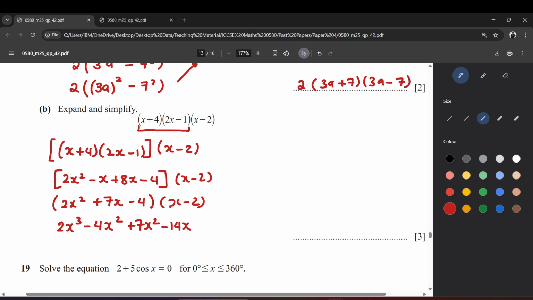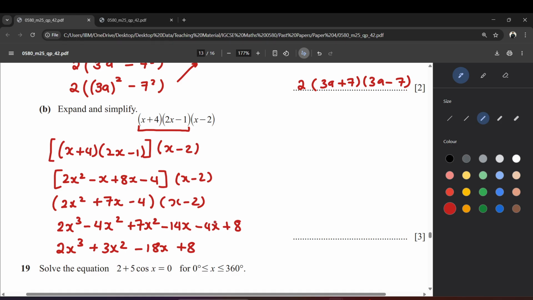Minus 4 times x is minus 4x. Minus 4 times minus 2 is plus 8. Now simplify. Minus 4x squared plus 7x squared will be plus 3x squared. Minus 14x minus 4x will be minus 18x, plus 8.